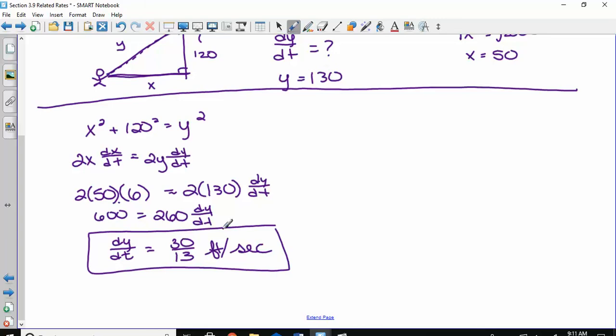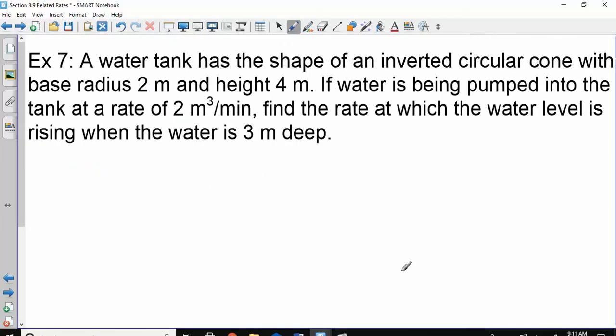Next one is a little different. I want you to again try it on your own first before we talk about it, after we check the picture. So a water tank has the shape of an inverted circular cone. What does that mean?